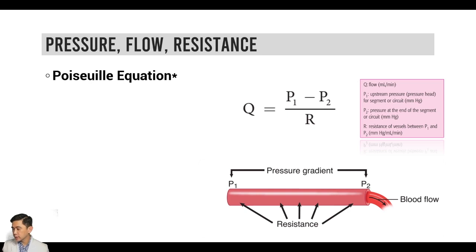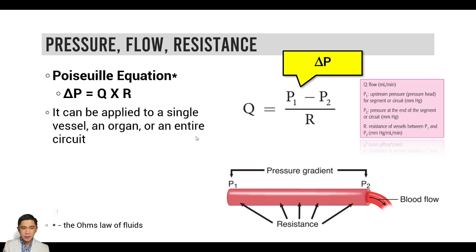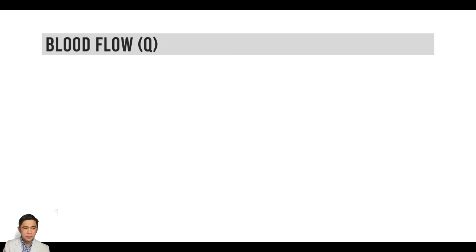This equation gives us the relationship between pressure, blood flow, and resistance. This equation parallels Ohm's law in electronics, but this is applied in fluids. So this is the change of pressure. It can be applied to any single vessel, organ, or the entire circuit.